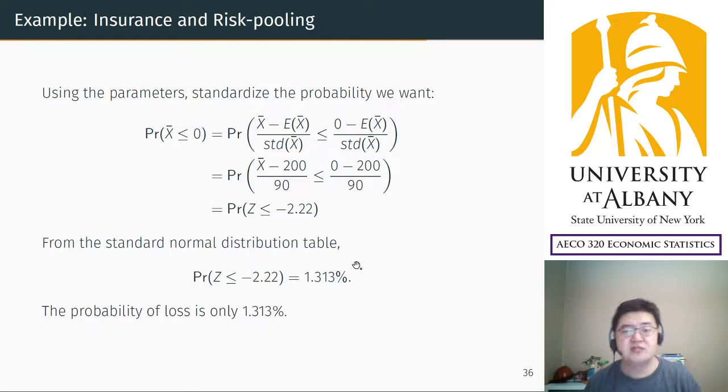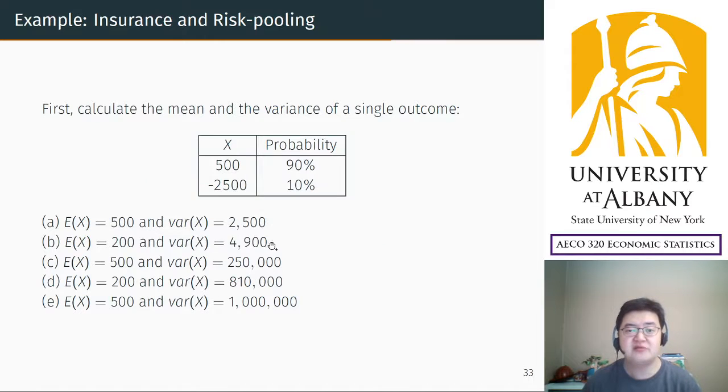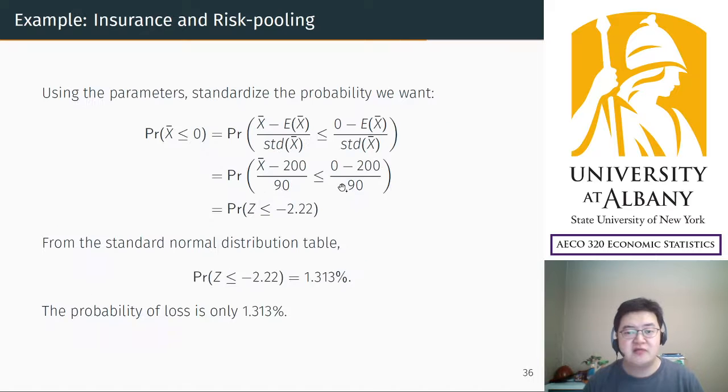By the way, let's interpret the result. This is amazing because previously, watch this, the probability of loss was 10%, and it was a huge loss with 10%. But after you collect 100 independent customers, that risk is only 1.313%.